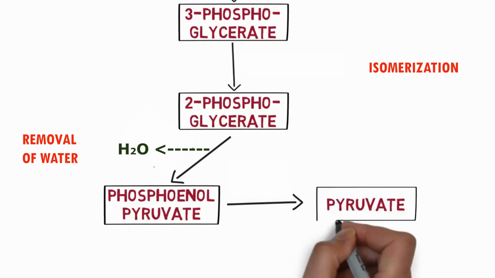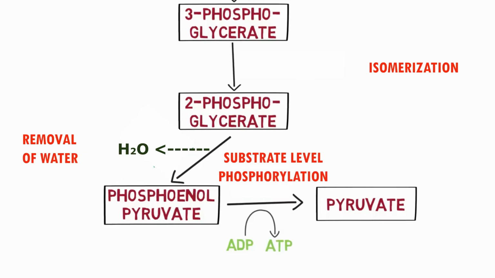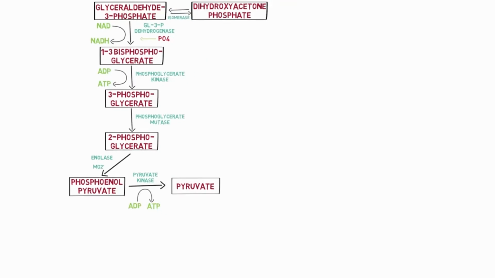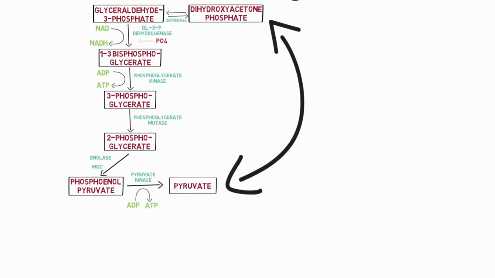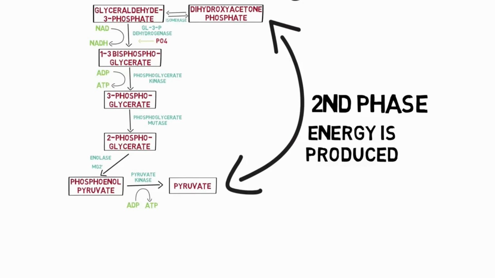A phosphate group in the phosphoenolpyruvate is transferred into ADP and converted into ATP. This production of ATP happened again through substrate-level phosphorylation. These all 5 steps compose the second phase of glycolysis, the energy payoff phase. As you can see, energy in the form of ATP is produced in this second phase.